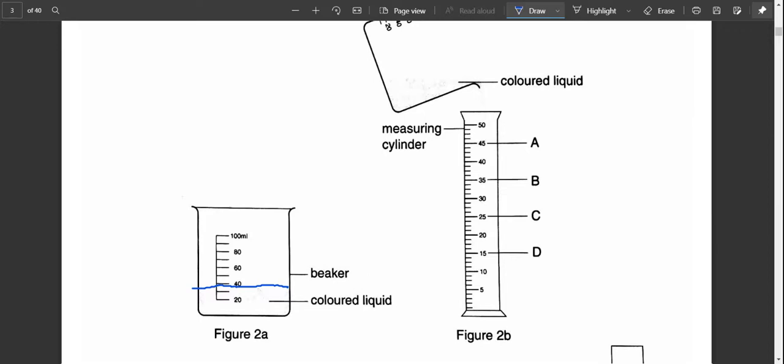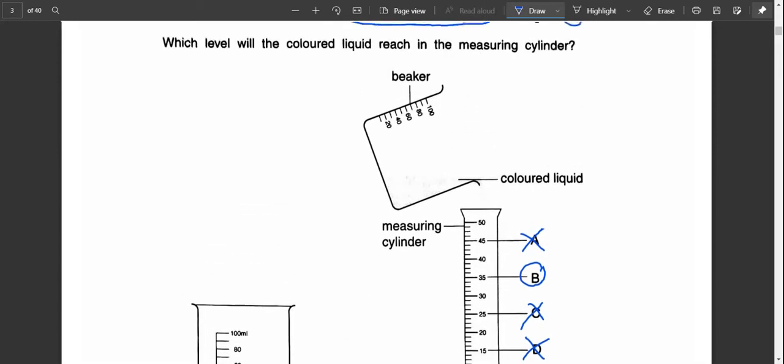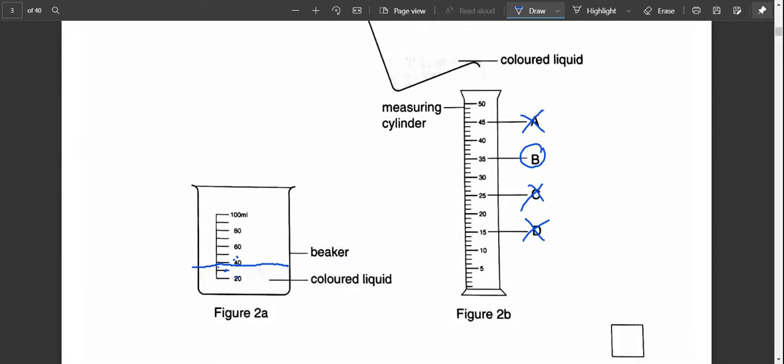Since here it's 20 and here is around 30, it should be somewhere in the middle, above 20, so you can eliminate 15. Since it's between 20 and 40, you can eliminate 25 as well, and it doesn't exceed 45, so the answer is most likely B. Unfortunately the diagram is not clear here, but with that information, the answer will be B.